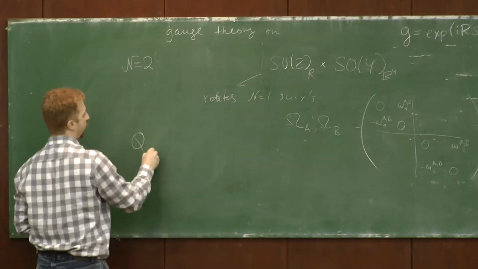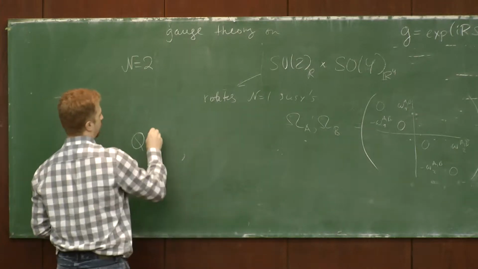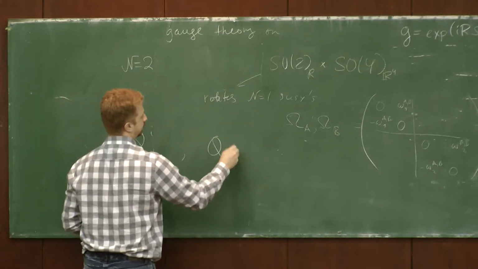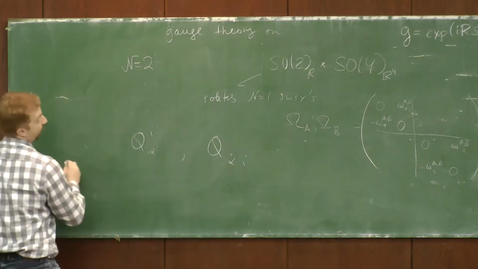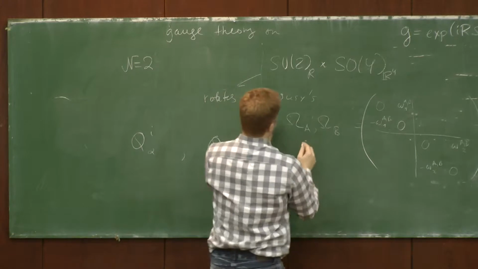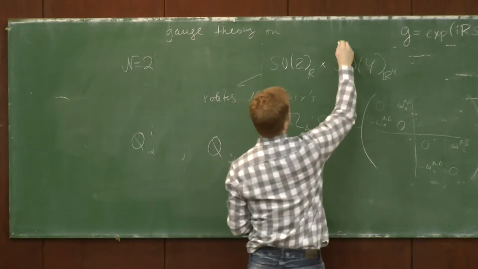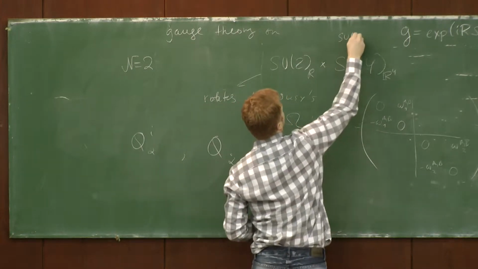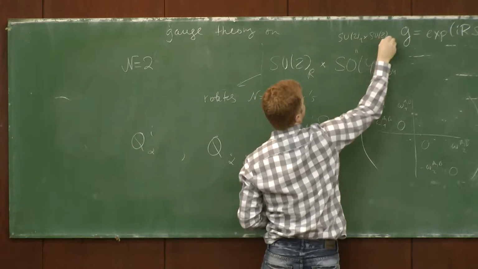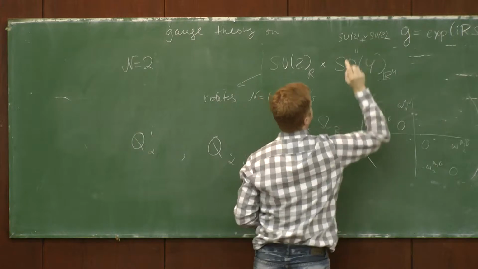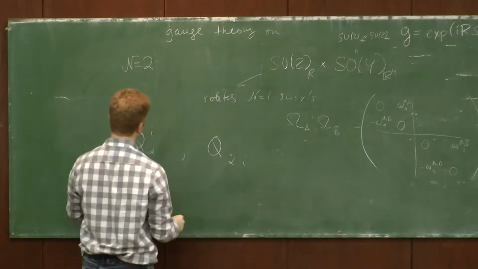So we have two kinds of supercharges. And if I write my global symmetry as SU2 R cross SU2 left cross SU2 plus minus, there are 3 SU2s in question.